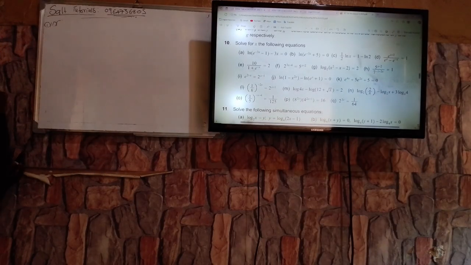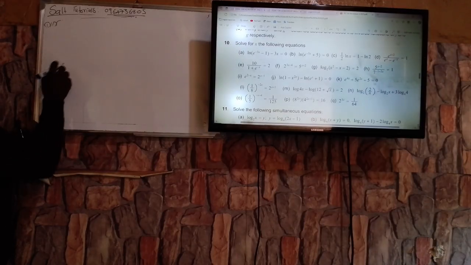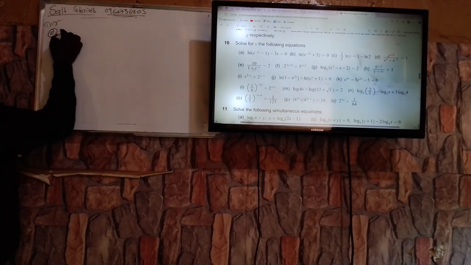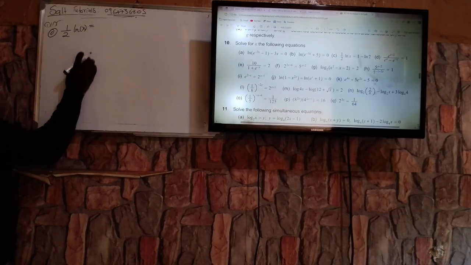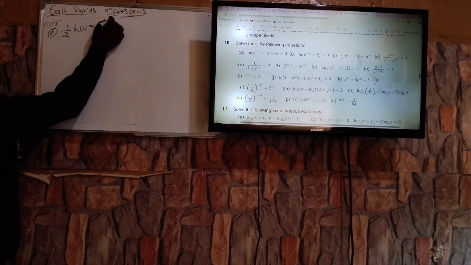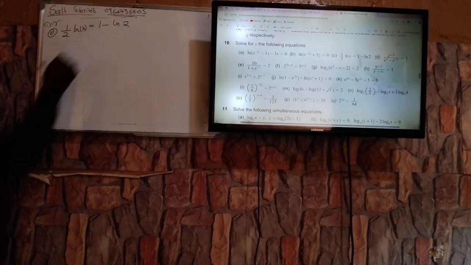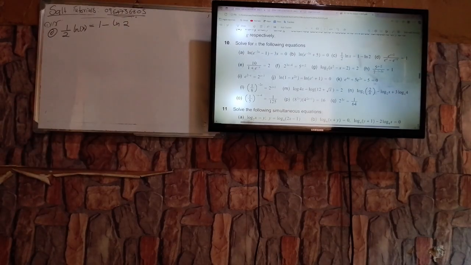So for C, we have that 1 over 2, the natural log of x is equal to 1 minus the natural log of 2. That's what C is.